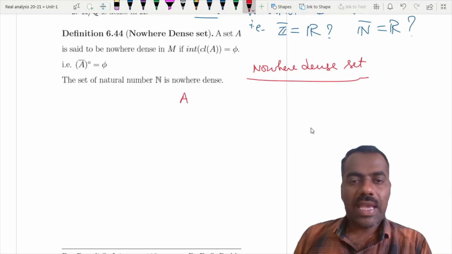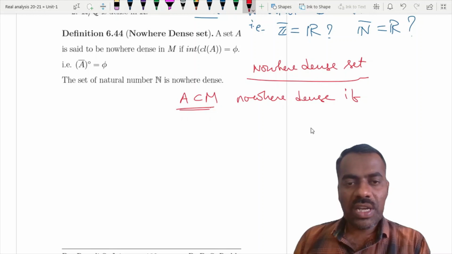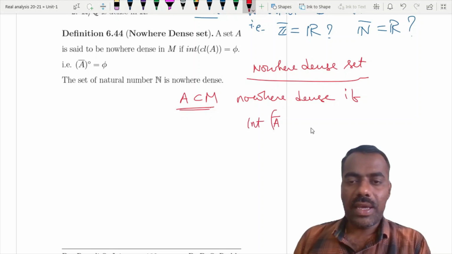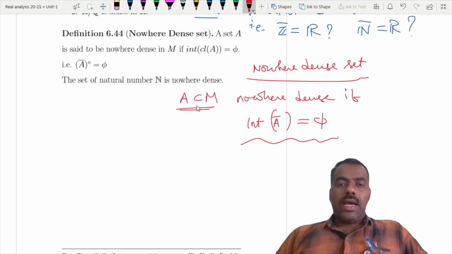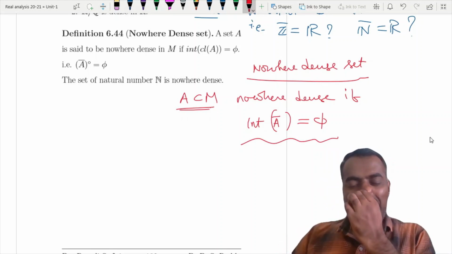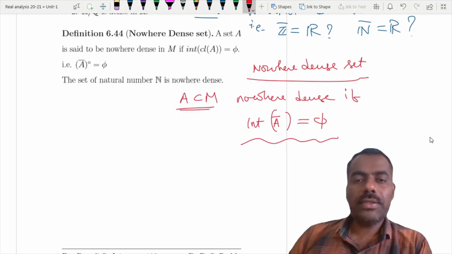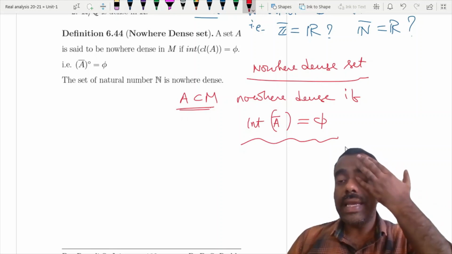So you take A a subset of M, and we say that A is nowhere dense if the interior of its closure A bar is empty. That means a set is said to be nowhere dense if its closure has empty interior. You take the closure, and for that set the interior should be the empty set.